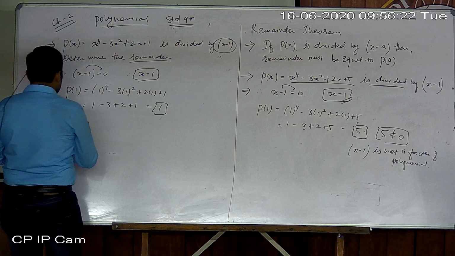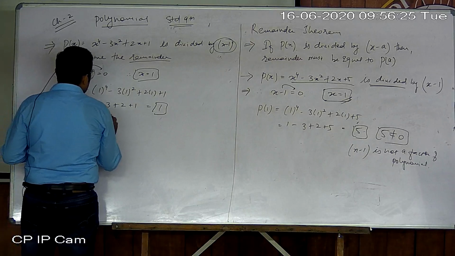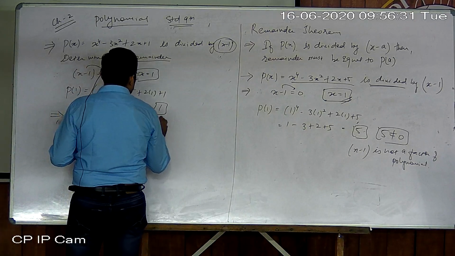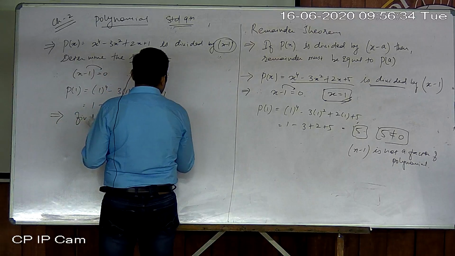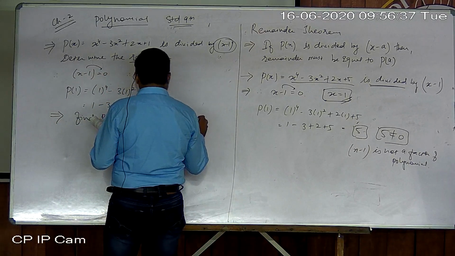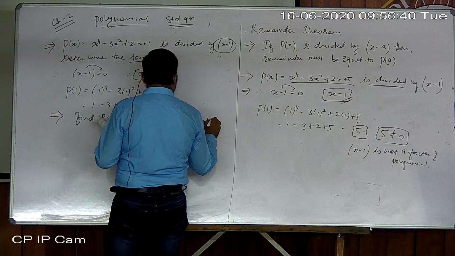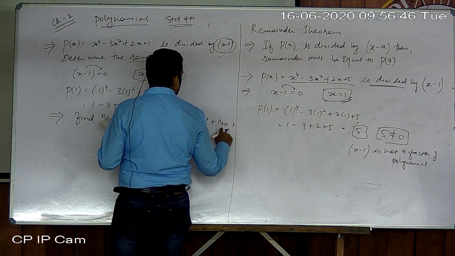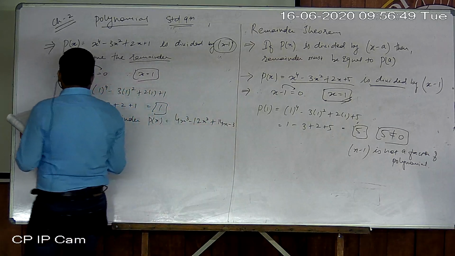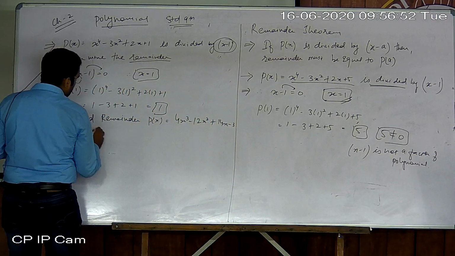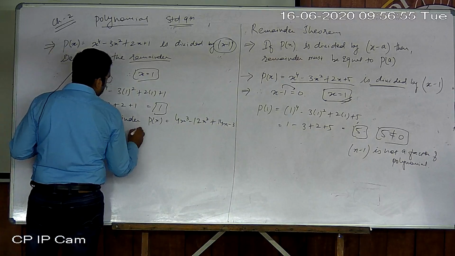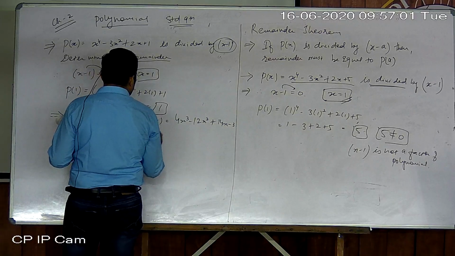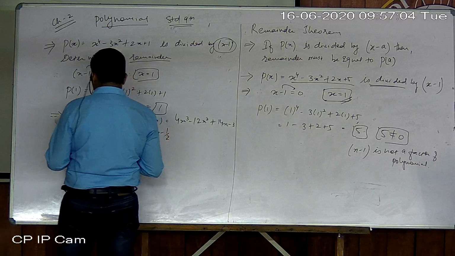Okay, now the question is: find the remainder when p of x is equal to 4x cube minus 12x square plus 14x minus 3 is divided by g of x equal to x minus 1 by 2.